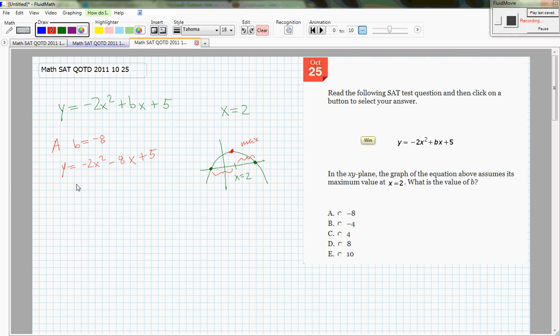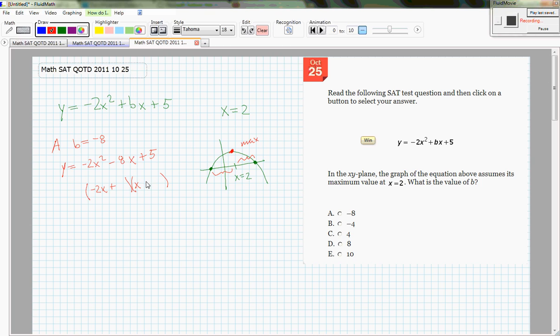So to factor that, you get minus 2x plus something times x plus something.